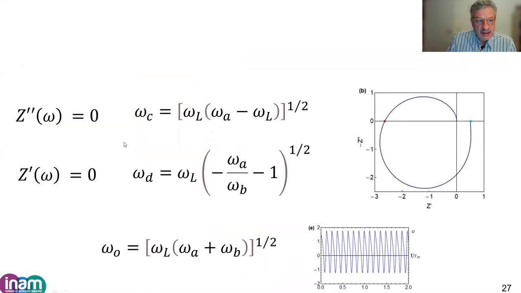We have some additional useful numbers. One is the intercept of the horizontal axis. This red point is this frequency. Another is the intercept of the vertical axis. And the third is the frequency of oscillations, which is the square root of the determinant of the Jacobian.